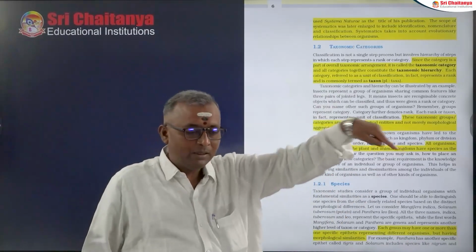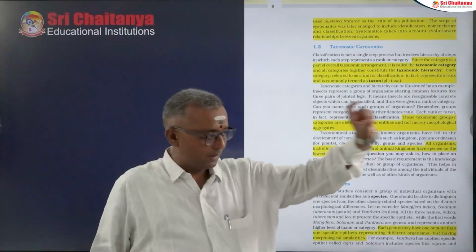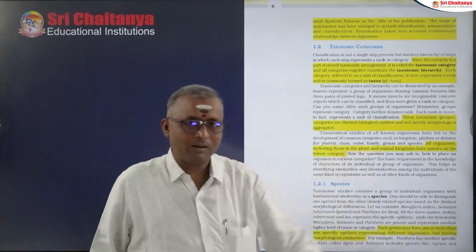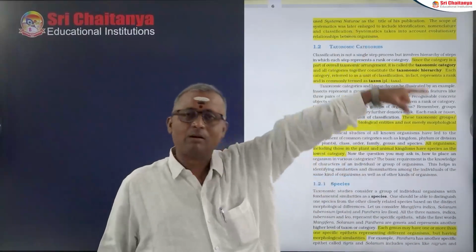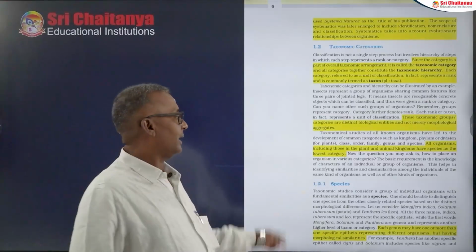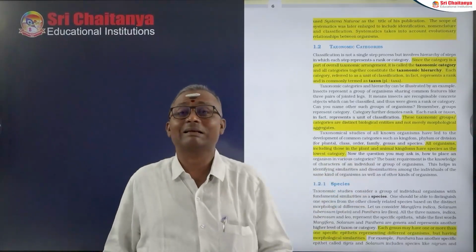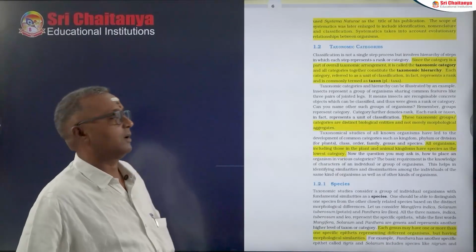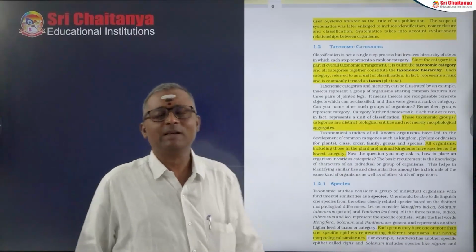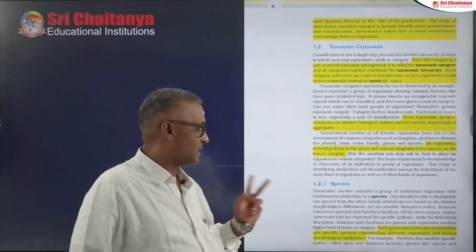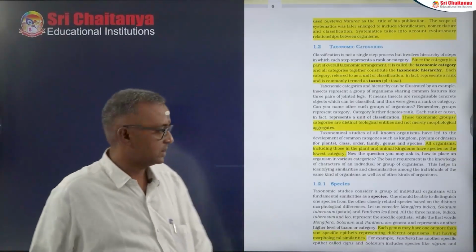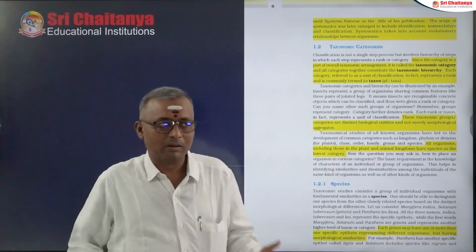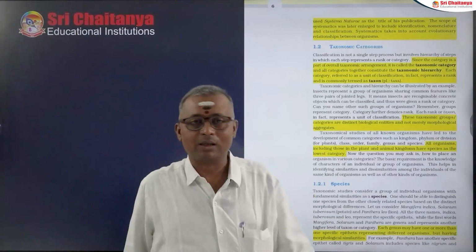Then how to keep a particular organism under a family, or under an order, or under a class, or a division or kingdom? Again, based on characteristics of individual groups of organisms. This will help us to identify similarities and dissimilarities among the individuals so that you can keep a particular organism under a specific category.